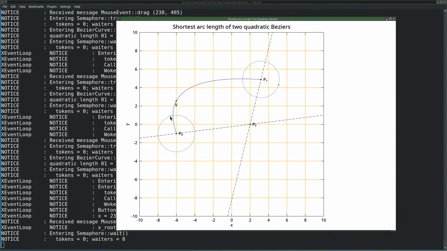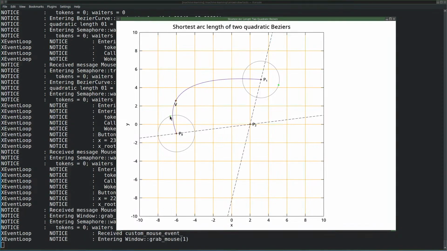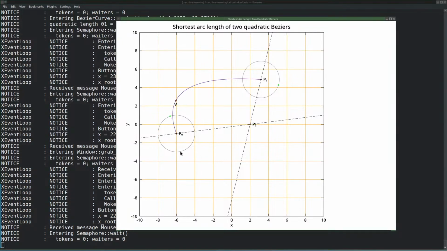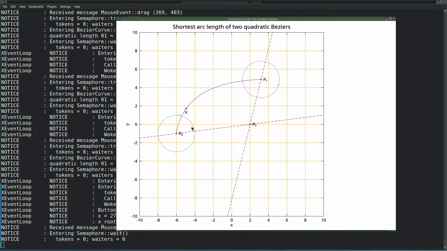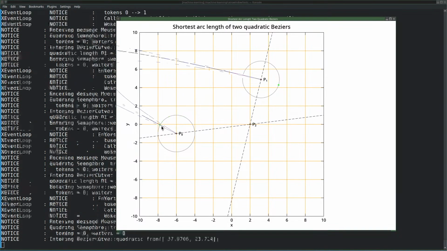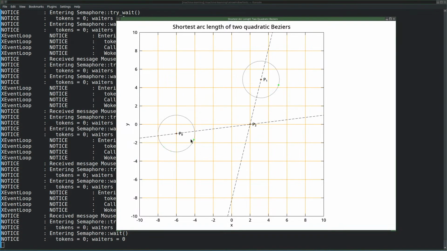And before, if I move the green point to the other side, then it also would draw this curve. Because what I'm doing is calculating the intersection between a line through P0 and the green point with a line through P1, the tangent to P1. So then that's like here. And I use that as a control point. But okay, now we put it to the other side and we don't have anything anymore. No, that works.